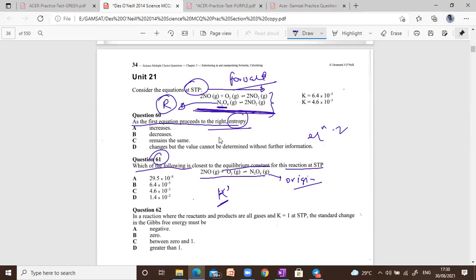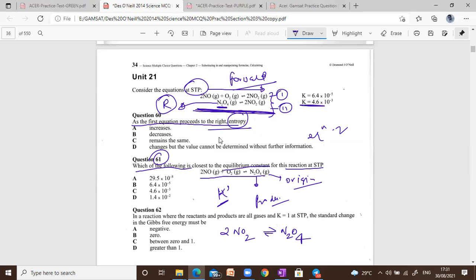But in the original reaction, N2O4 is present in the product side. If I reverse the second equation, suppose this is first and this is second, then 2NO2 will give N2O4.